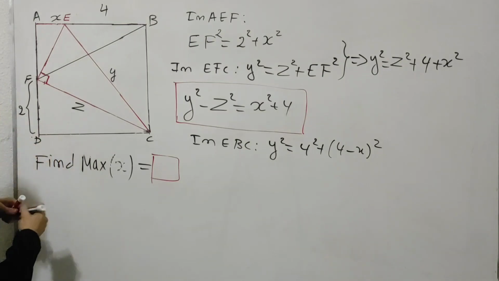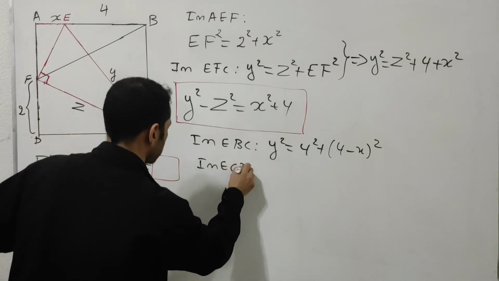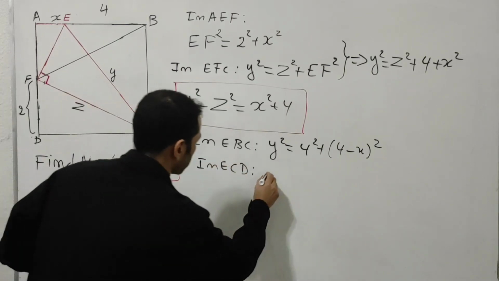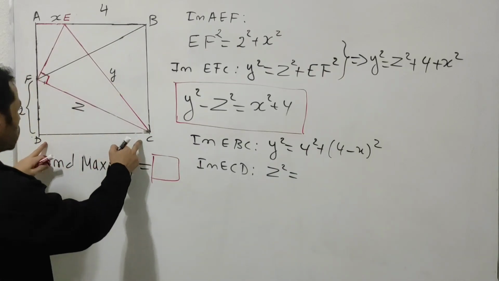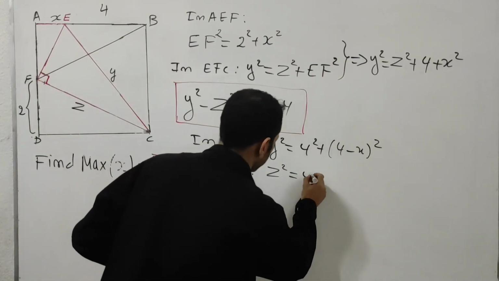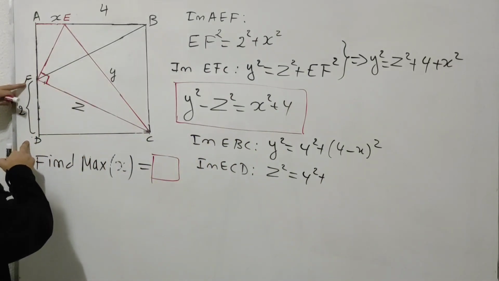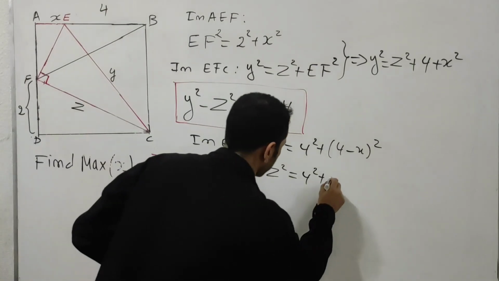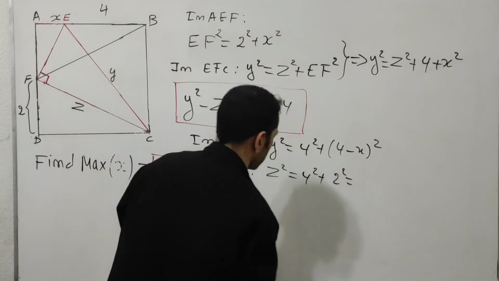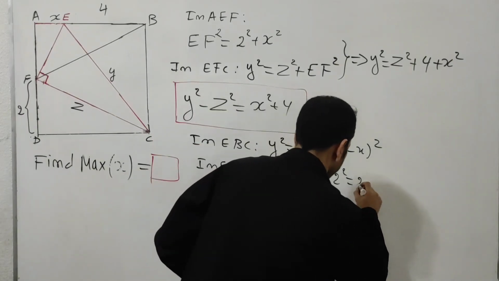In the FCD triangle, I have z squared equals 4 squared plus this distance, where F is the midpoint of the segment AD, which is 2 squared. So we get 4 squared, which is 16, plus 4 is 20.